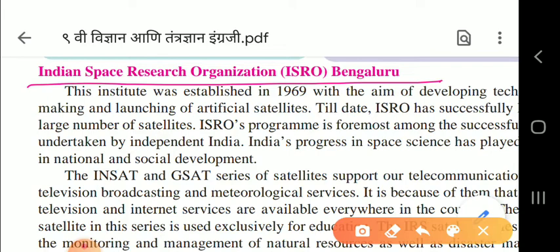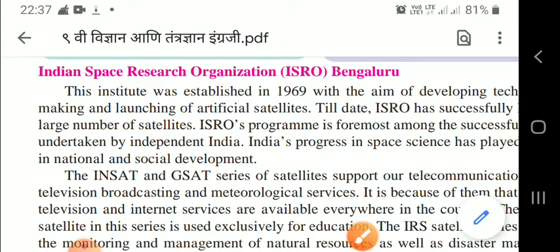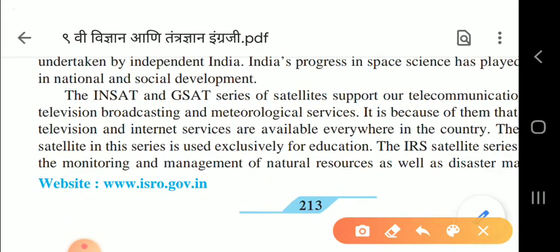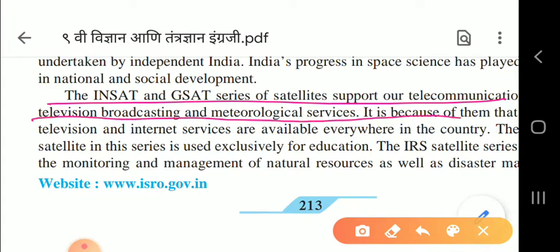India also progressed in space science, as well as playing a big role in national and social development. The INSAT and GSAT series of satellites support our telecommunication, television, broadcasting, meteorological service, etc. It is because of this that telephone, television, and internet service are available everywhere in the country.